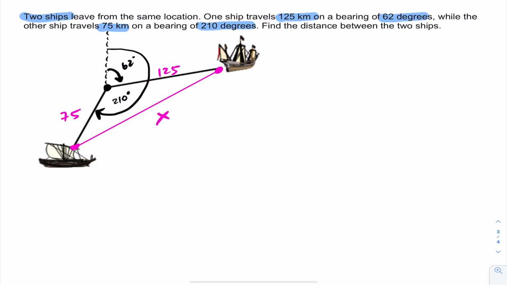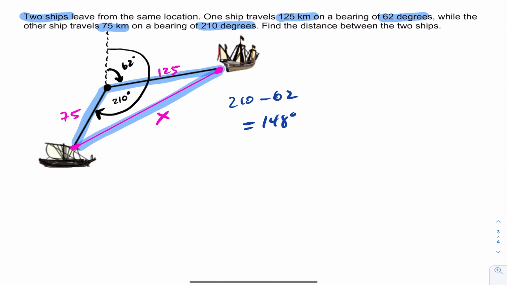So we've got a triangle going in this direction, and we want to find this internal angle. If the measure from here to here is 62 degrees and the measure from here to here is 210, if you take the 210 and subtract the 62, you get that internal angle, which is 148 degrees.